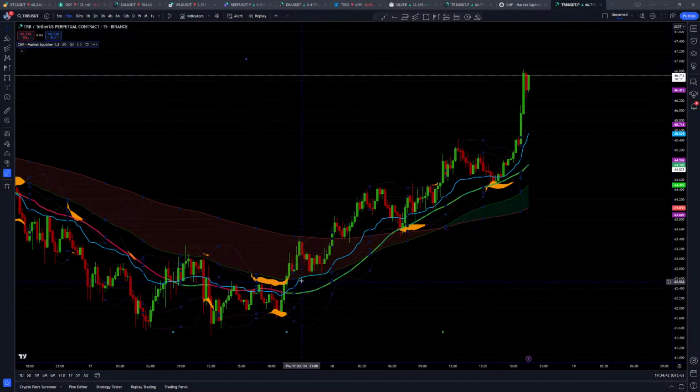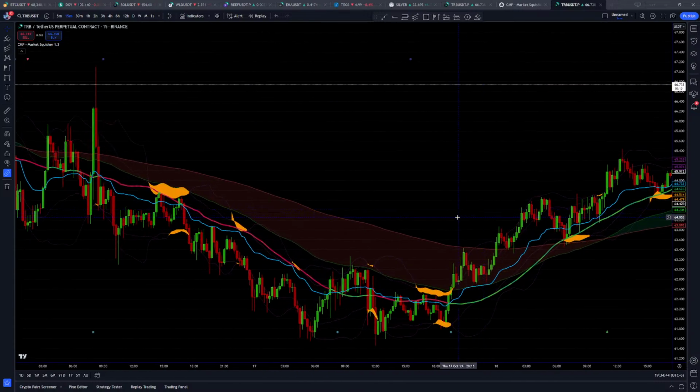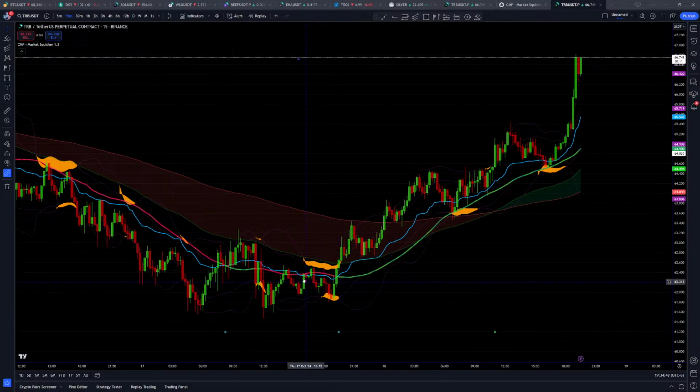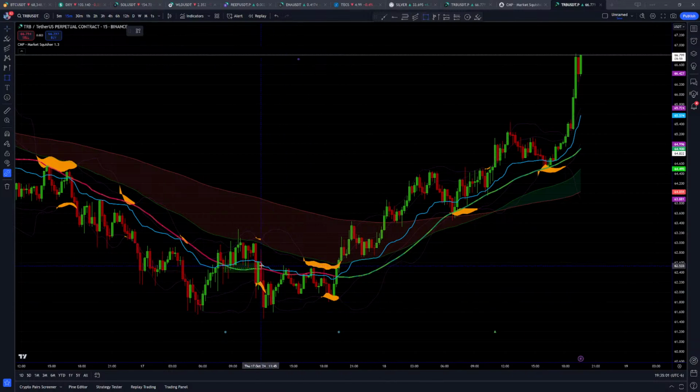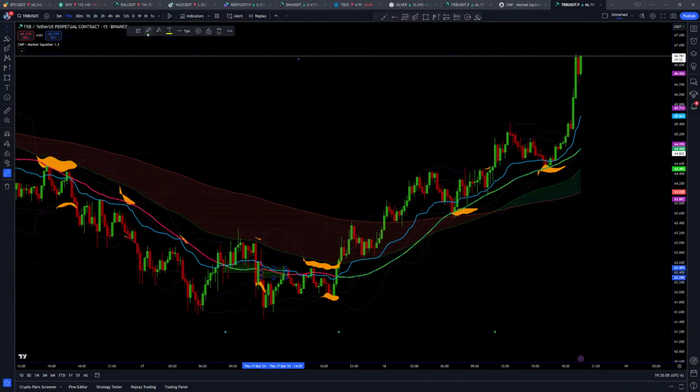And then the last moving average, the one that switches between pinkish, reddish, and green, is the Hamming moving average, which is just another algorithmic moving average that has a whole bunch of math going into it. And I just like the way it works.